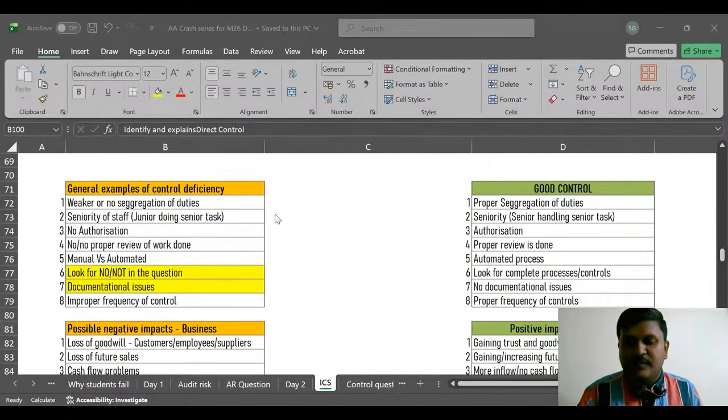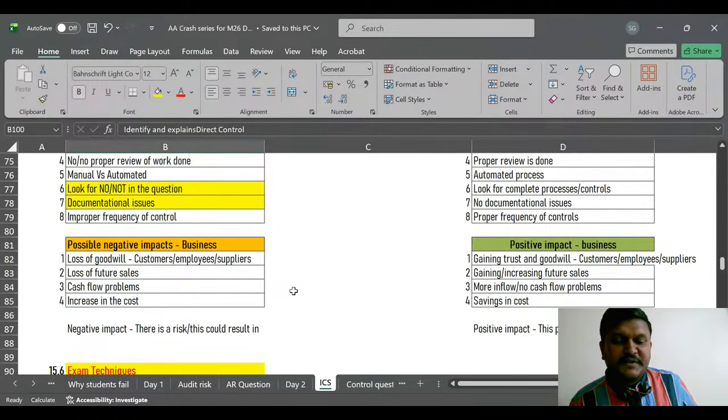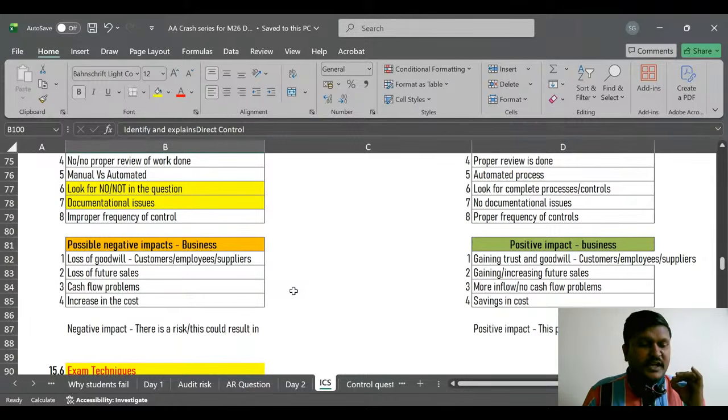Then the possible negative impact that you need to give. Yes guys, we need to give a possible negative impact over here. So what would be the negative impacts? This is again worth half a mark. Most of the time, due to the control deficiency, the business will suffer. It is not recommended to give an impact on the FS over here.